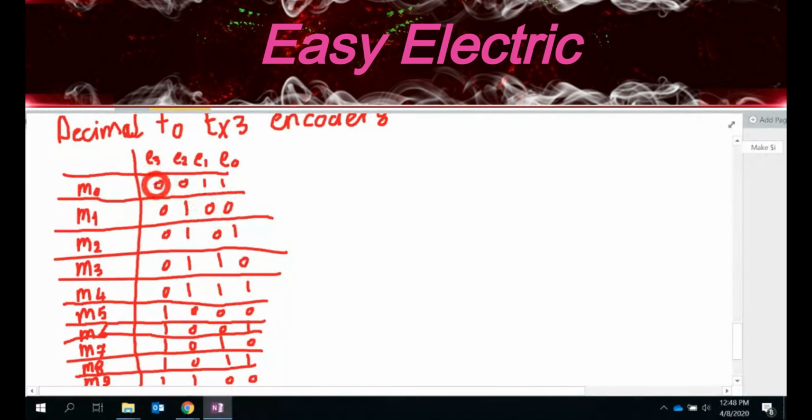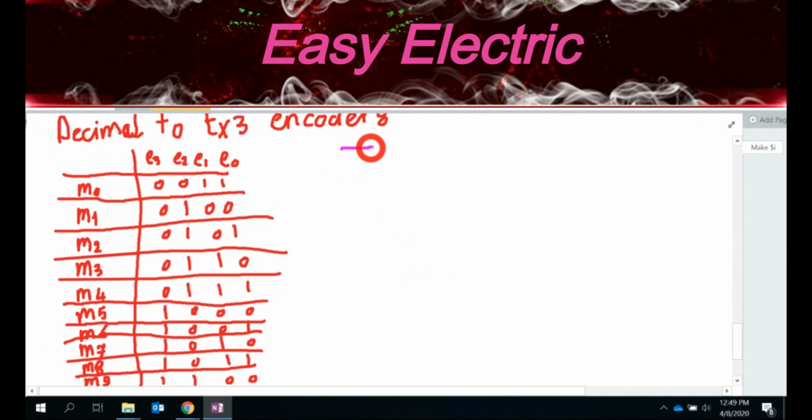For each of these outputs you need an OR gate. That means you need 4 OR gates. Just check the columns. Whenever they are 1, just make the connection in that column, right? So how many inputs do I need here? Similar to the previous one, I need 9, right?